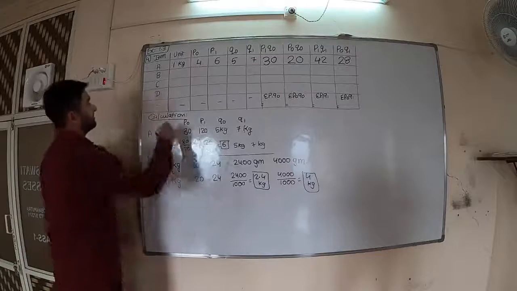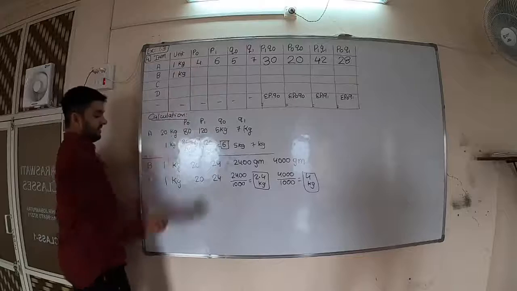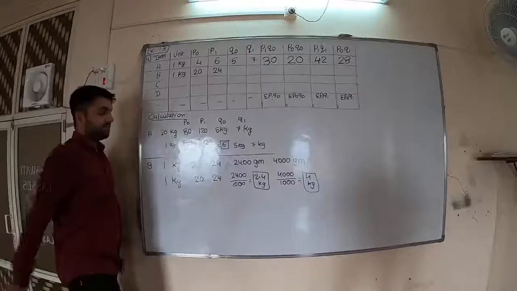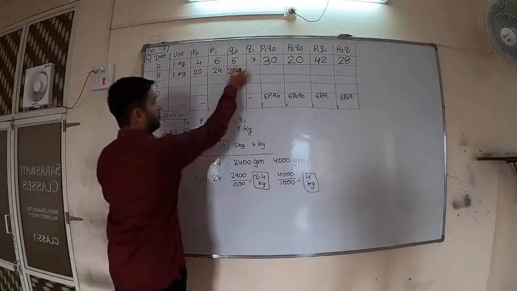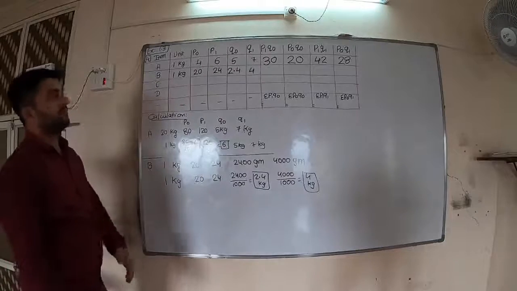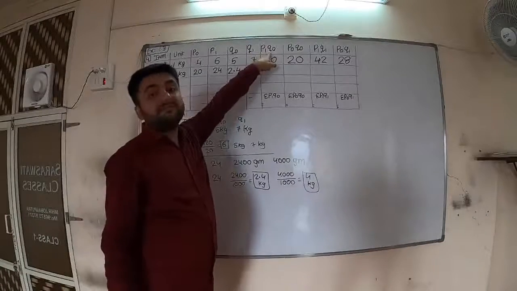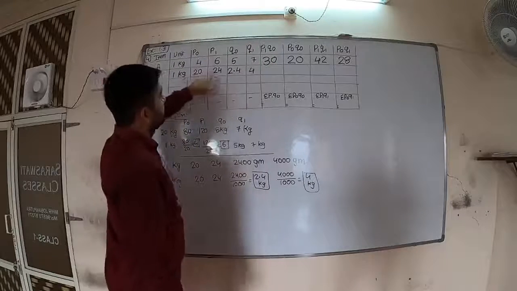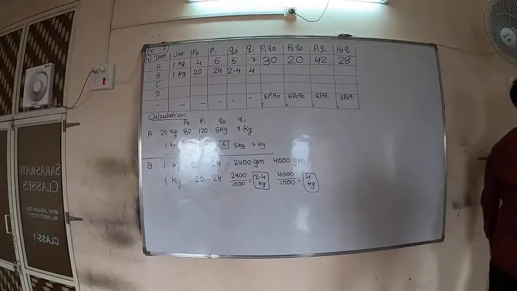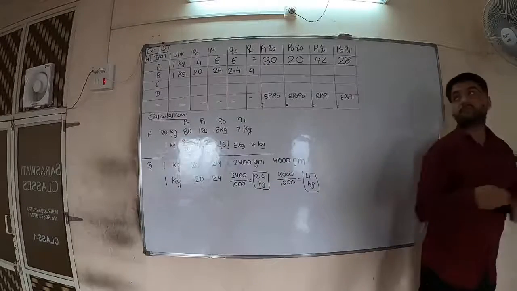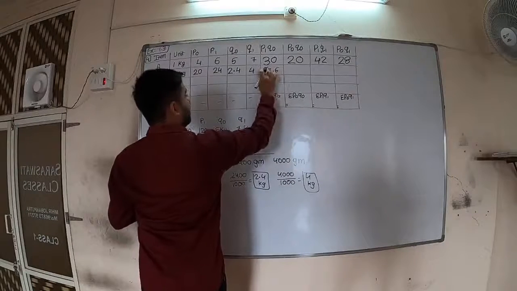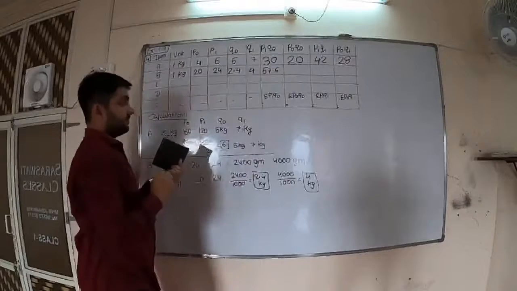Now we will write this thing. 1 kg, 20, 24, 2.4 and 4. Now P1 Q0 means P1 and Q0, 24 into 2.4 is 57.6.